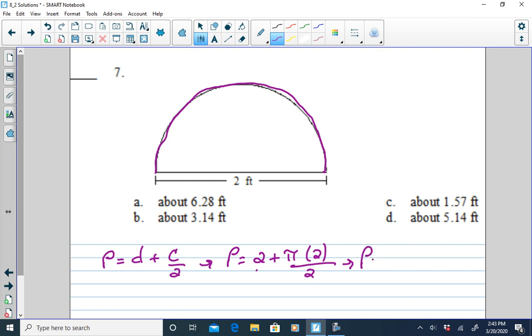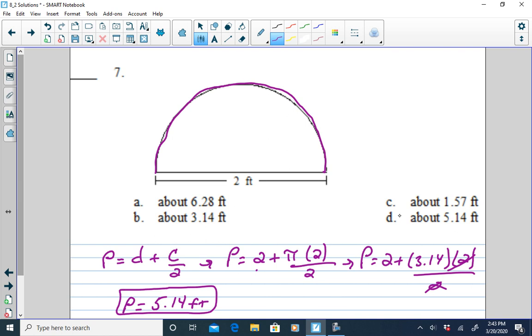So my perimeter is going to be equal to 2 plus 3.14 times 2, dividing that by 2. Well, they're going to cancel, so we wind up with our perimeter being equal to 2 plus 3.14, so that's going to be 5.14. Those are feet, and that looks like that's going to be answer D for question number 7.